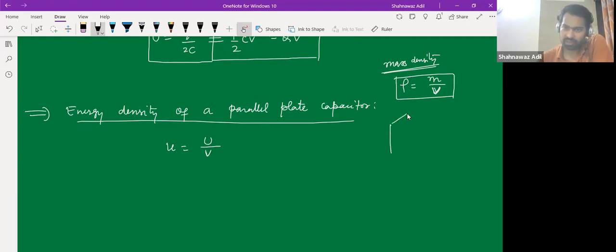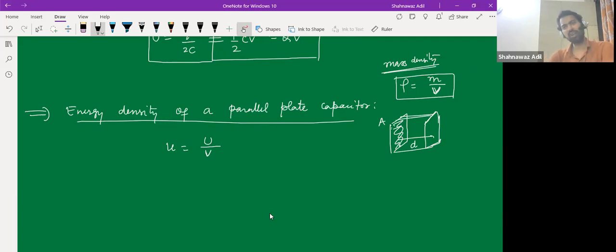And we already know that this is the plate, right? So this area is A, and this distance is D. So what would be this volume then?